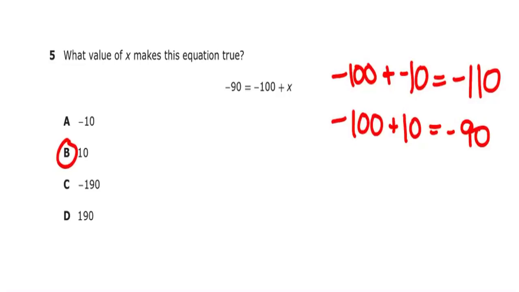Whereas with answer A, we were at negative 100, and then we had negative 10. We had to move another 10 spots in the negative direction. So the sign basically tells you if you're going left on the number line or right on the number line. If you're adding a negative, you're going to go left.